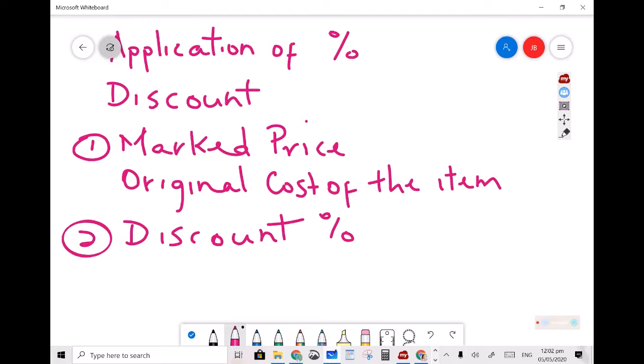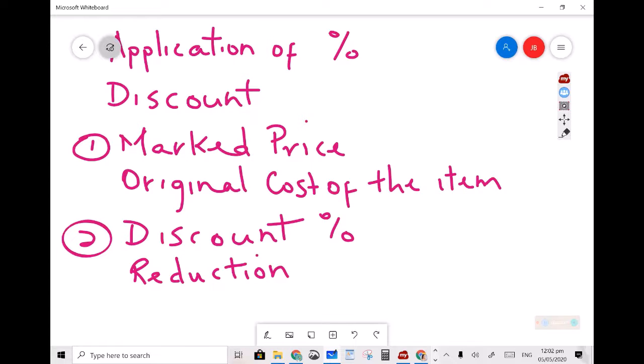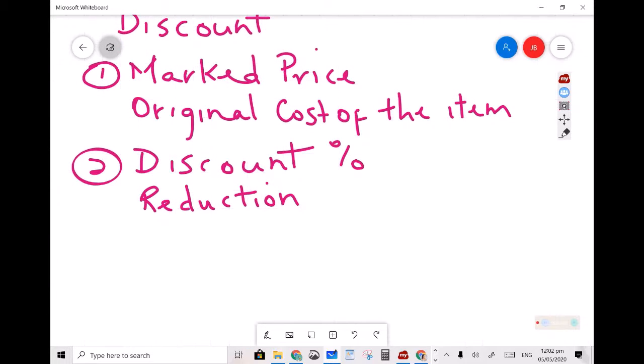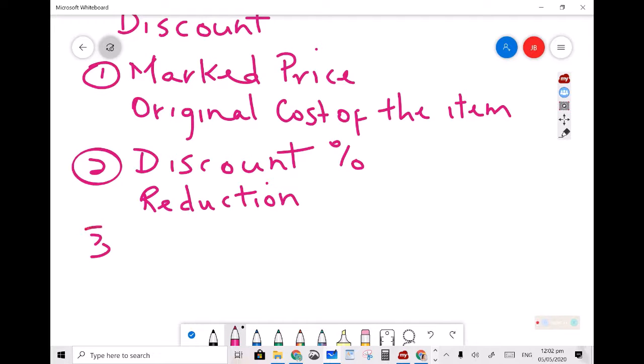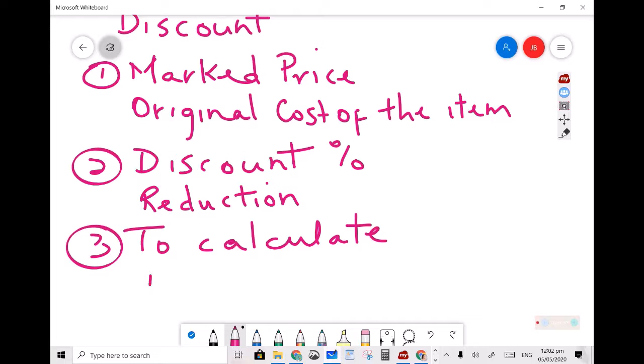That will be actually the reduction. Right? And the thing that they would ask you to actually calculate would be the new selling price.